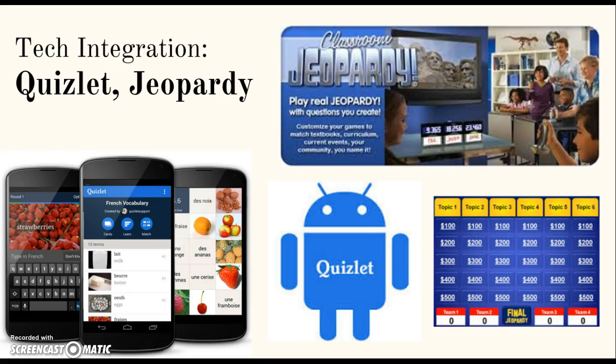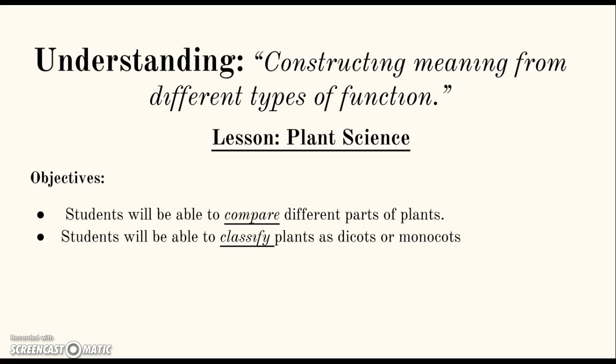So for the next lesson, we're going to delve into that deeper and work on the students' understanding, which is constructing meaning from different types of function. So the objectives for this lesson will be that students will be able to compare different parts of plants, and students will also be able to classify plants as dicots or monocots.